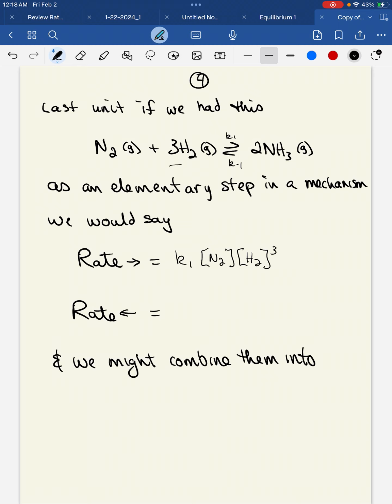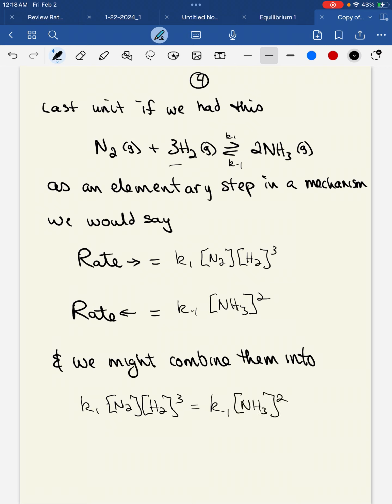And the reverse reaction rate would be k minus 1 times NH3 squared. And then we might combine those, since the rates were equal, that k1 [N2][H2] cubed equals k minus 1 [NH3] squared.